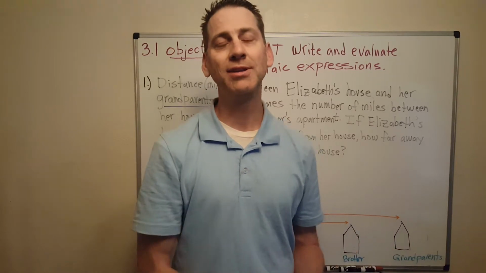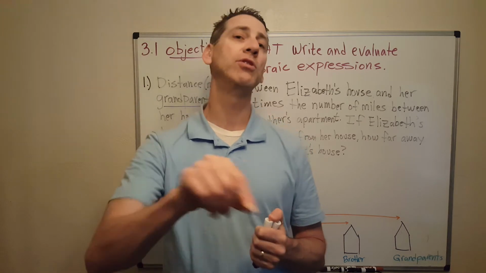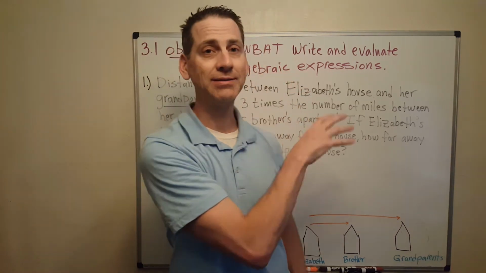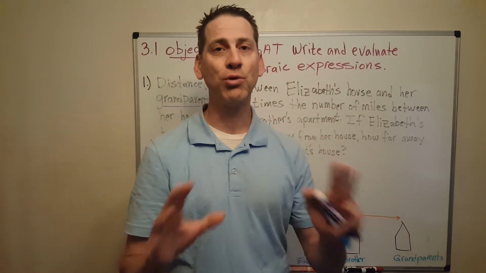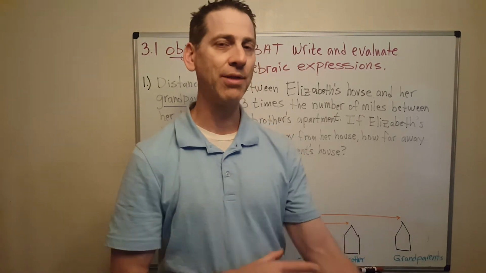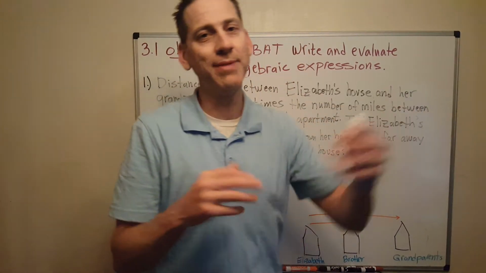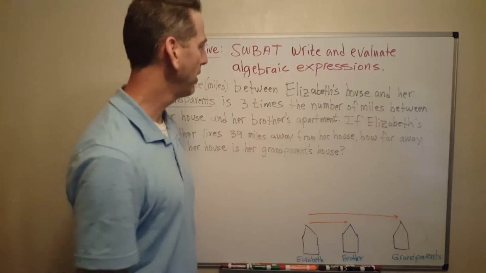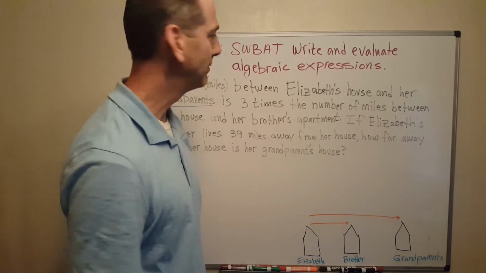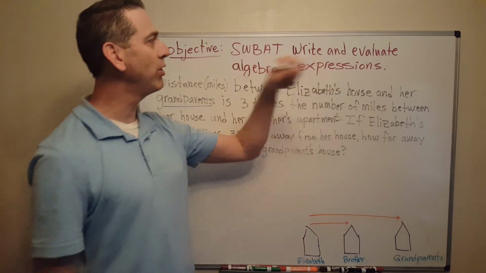By the way, in the description to this video, I have a link that will take you to the notes for this lesson. And on there, there's some more practice that you can do in the translation from English to math, which is a huge, huge thing. If you can learn how to go from English to math, you are on your way to the big leagues. All right, so we're going to learn how to write and evaluate algebraic expressions.